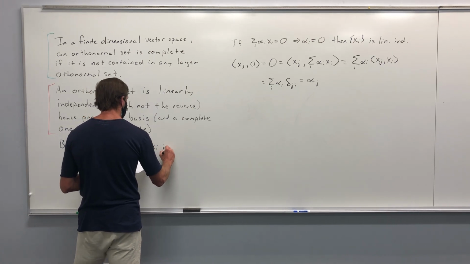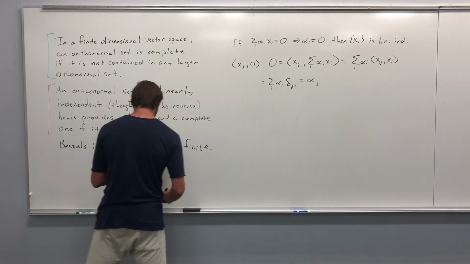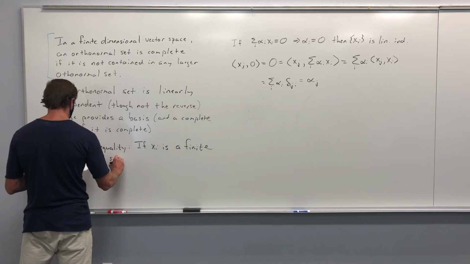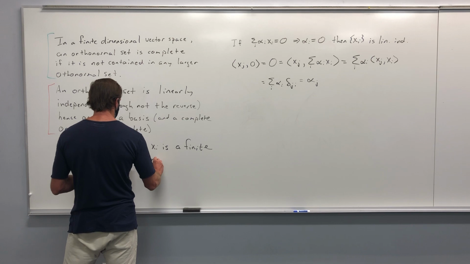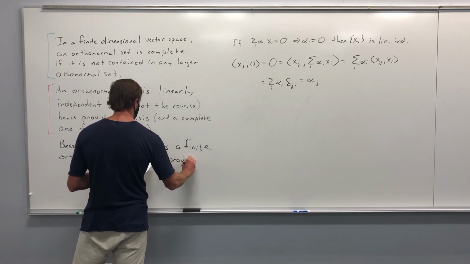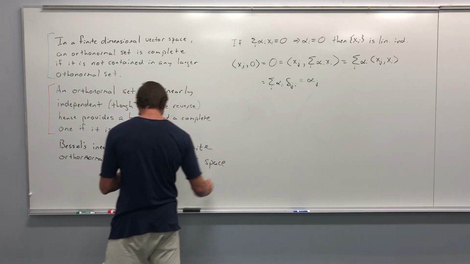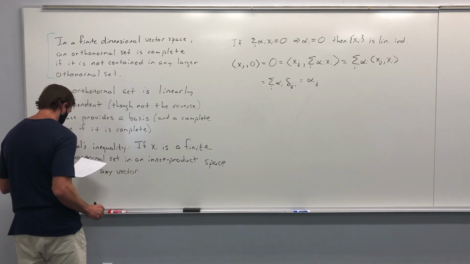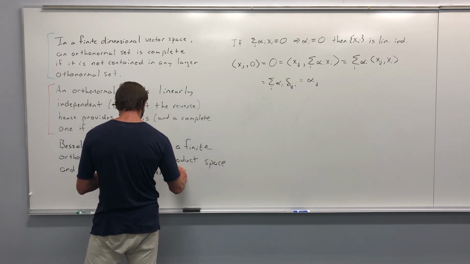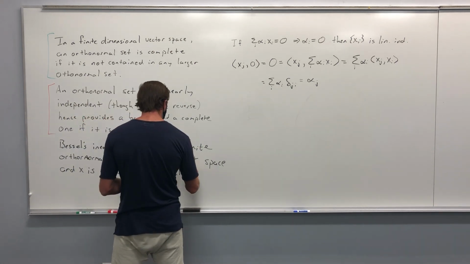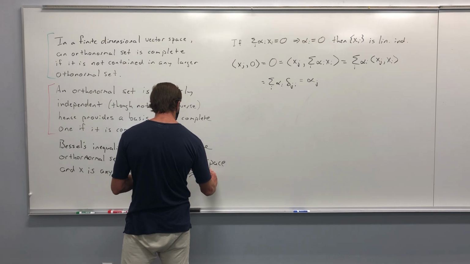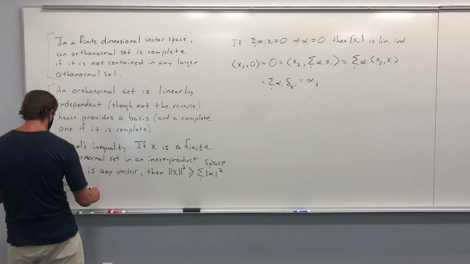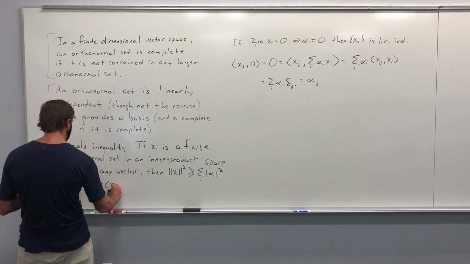If xi is a finite orthonormal set in an inner product space, and x is any vector in the space, then x magnitude squared is greater than or equal to the sum over i of alpha i squared, where alpha i equals the inner product of xi with x.